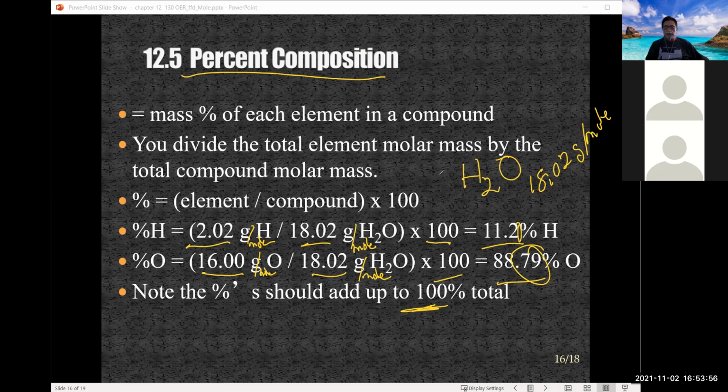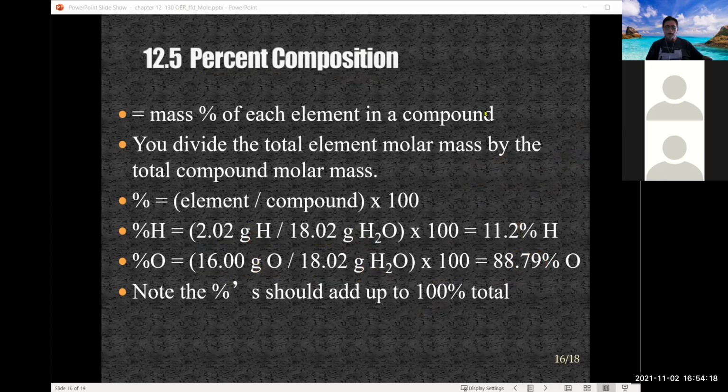So if you ever do one of these calculations and you're off by like 0.01 or 0.02, shoot me an email. I'll definitely give you credit for that. But if you're off by like 20 units, it's a totally different story. I think your math may have been incorrect. All right, so that's how we calculate the percent composition.